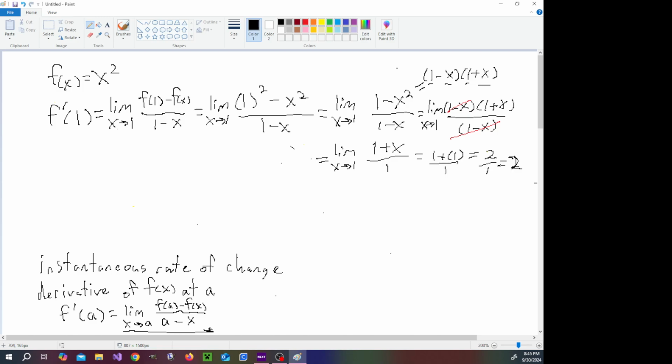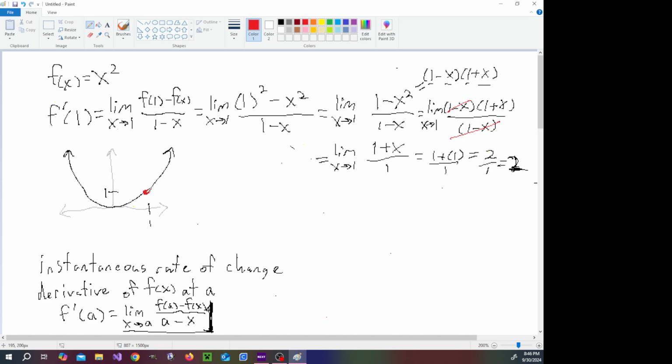Okay, so from the definition of this limit, I found out that the rate of change of the function at 1 is 2. Well, what does that mean graphically? Well, if we graph our function x squared, to the left we go like that, to the right we go like that, and if this is 1, this is 1, then I'll make it in red.